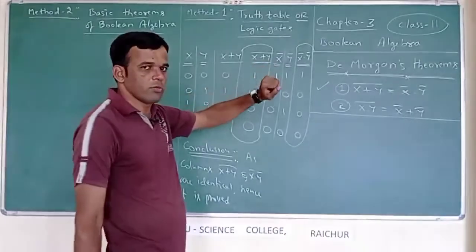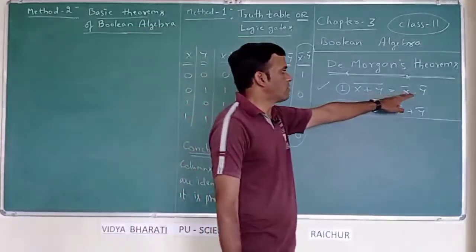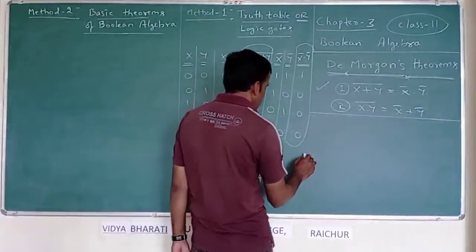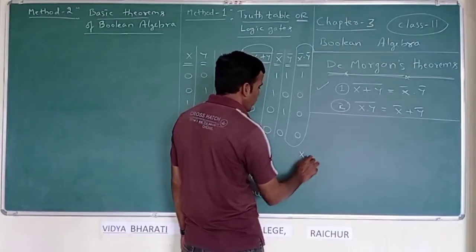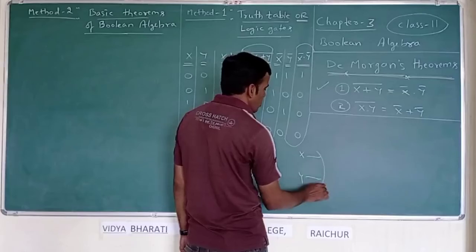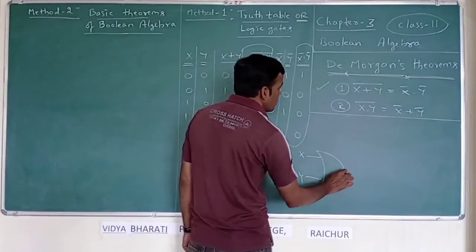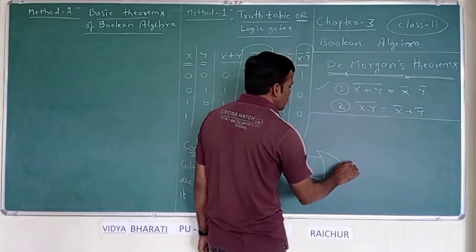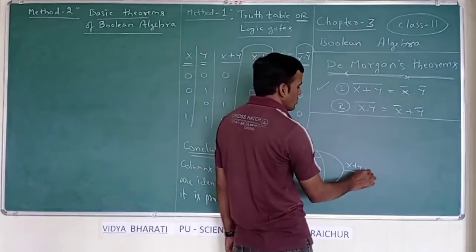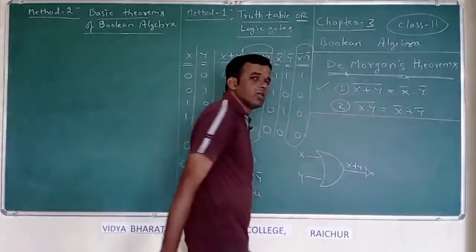When it comes to logic gates, we can draw the logic circuits or the gate representation for x plus y whole bar, that is for the LHS, as well as for the RHS. So here are two variables x and y. First it's an OR operation, OR gate, then it is the whole bar. Here the result is x plus y. For x plus y it is a complement, so later on we should have a NOT gate.